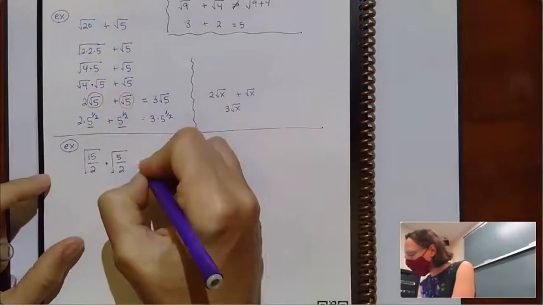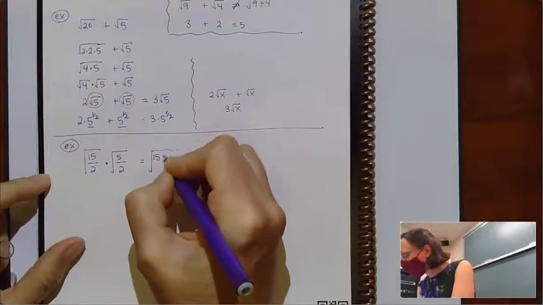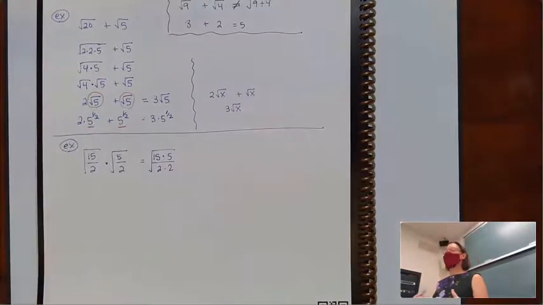And if I go with that option, then this would look like 15 times 5 over 2 times 2. Since we're talking about square roots, I'm looking for numbers that are perfect squares, because I know those are things that will simplify.